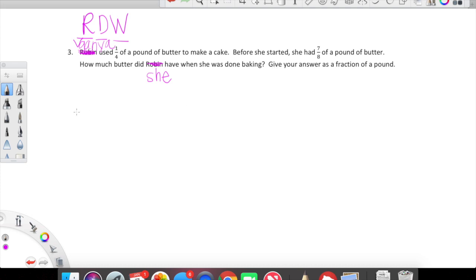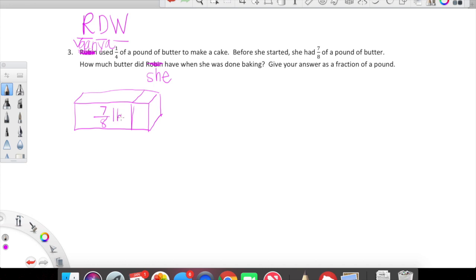Okay, great. So let's just draw. Let's just make sense of this in terms of butter. So I'm going to draw a stick of butter. Before she started, let's go ahead and mark how much butter she had.